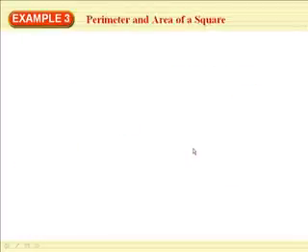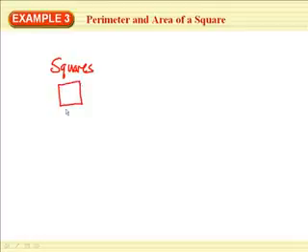Okay? Now let's talk about the perimeter and the area of a square. I really wish they would have put this in a key concept box. That way you guys would write it down. Maybe you will go ahead and write it down with me right now. For a square, the perimeter of a square, you guys know a square. I can draw us a square. All 4 sides are the same. They're equal. So if you're finding the perimeter of this, and they're all the same, let's just say they're 5, all of them would be 5.